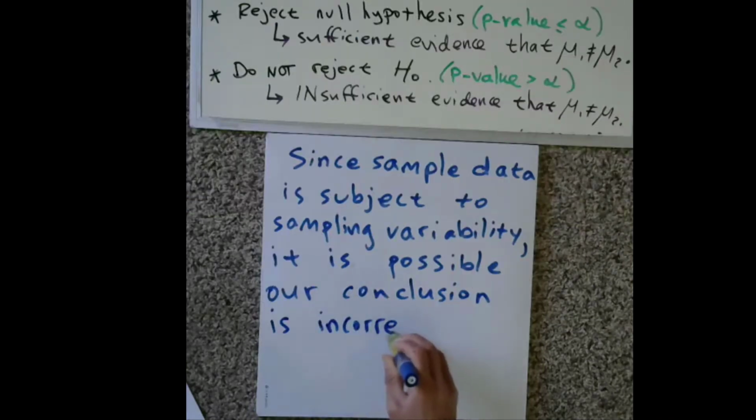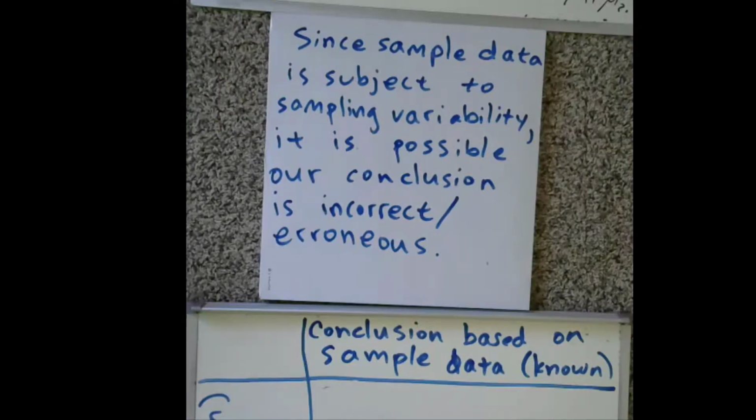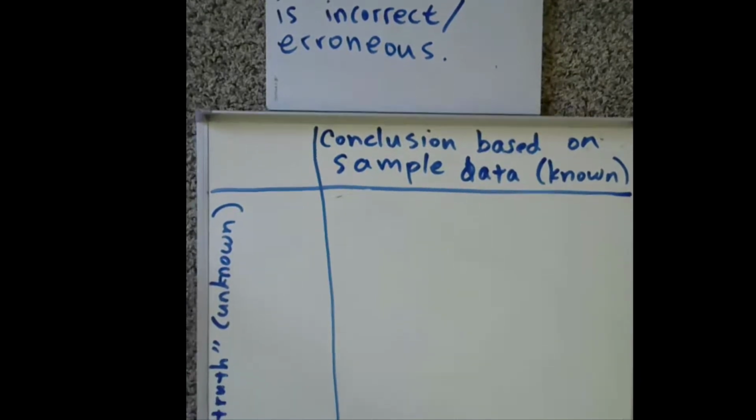It may be that the sample was inconsistent with what's truly happening in the population. So I'm going to make a little table that hopefully organizes some of the possible outcomes when making a conclusion in terms of could that conclusion be incorrect, i.e. erroneous, or not.